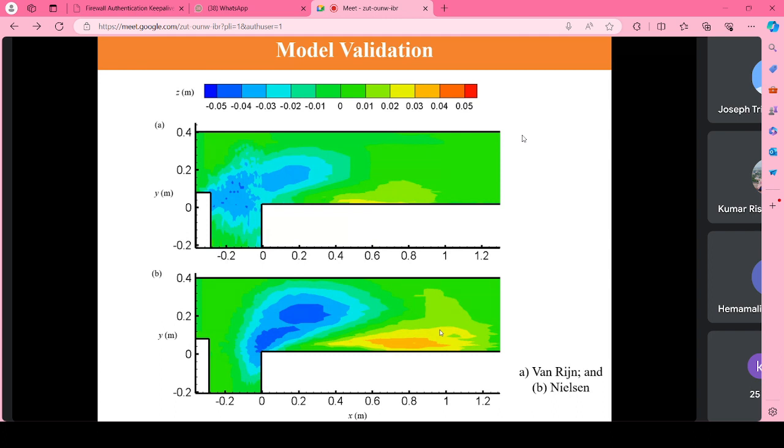The purpose here was just to show whether there could be any improvement if I used the Van Rijn or Nelson method instead of MPM. Unfortunately, the results were not motivating, and we could not find any huge improvement over the MPM method.